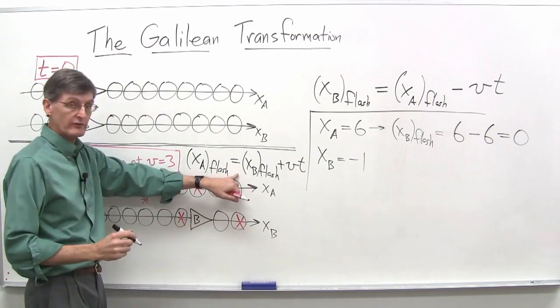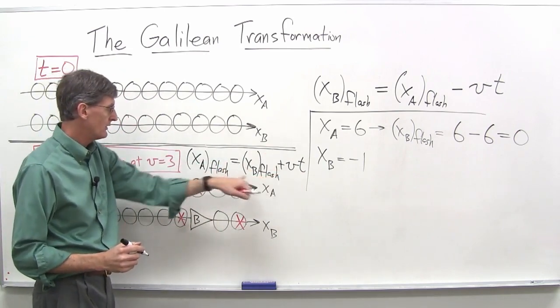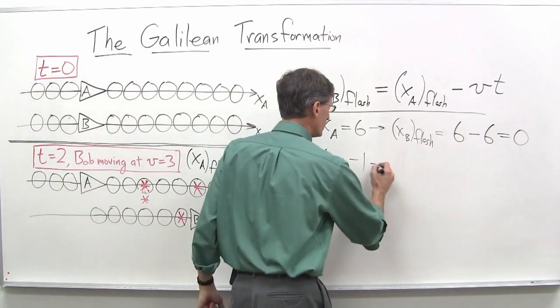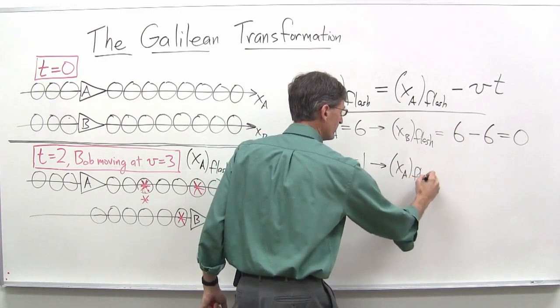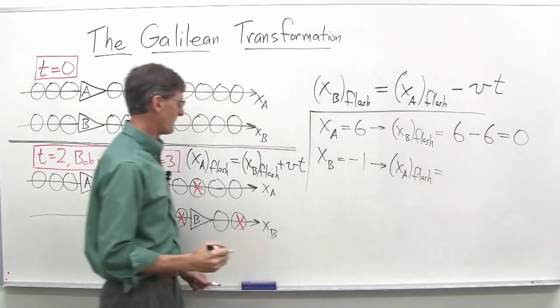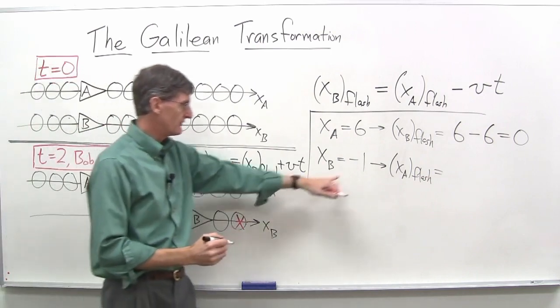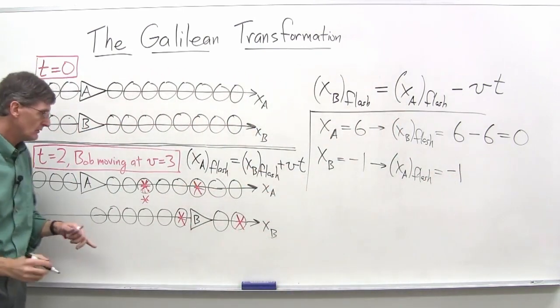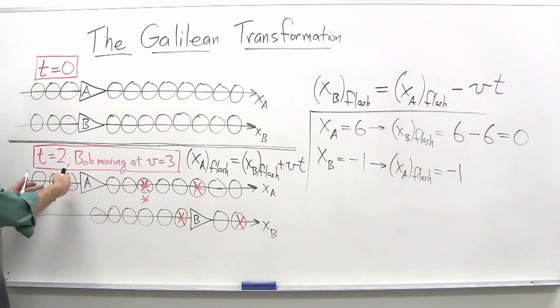So here's the equation this time. We're given Bob's coordinate, and we're going to add VT, and that should give us Alice's coordinate. So we say that XA of the flash is Bob's coordinate that he observed, which is -1, we're told. -1 plus VT, again, VT being 6, 3 meters per second times 2 seconds.